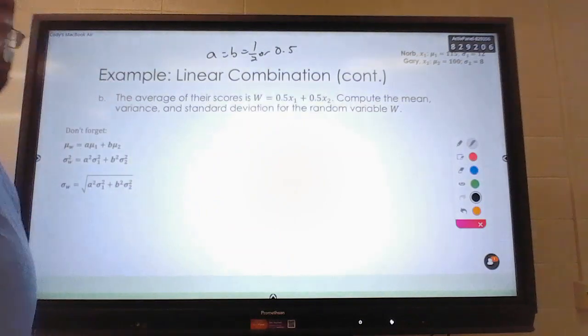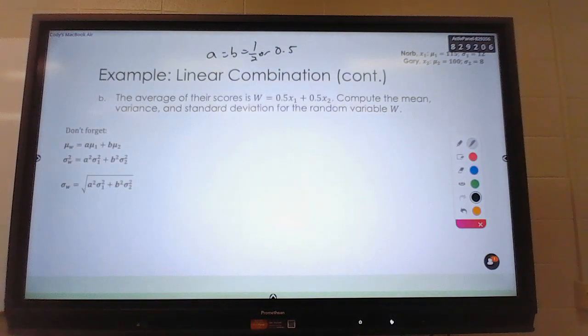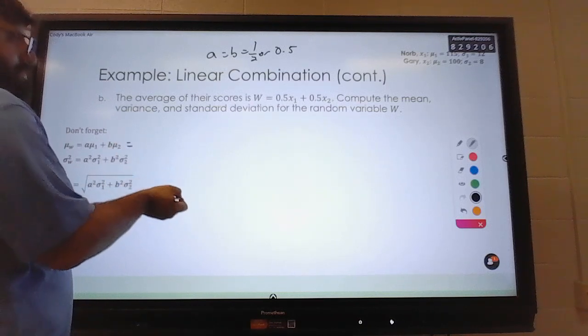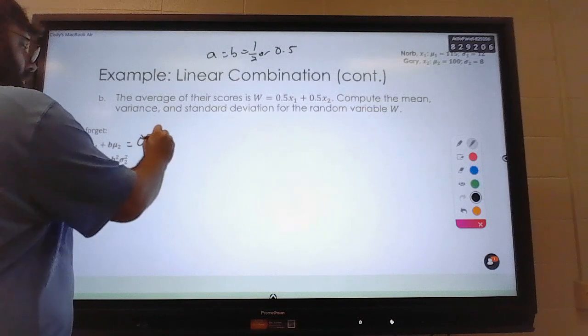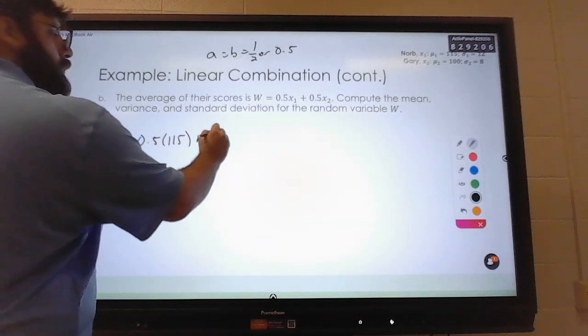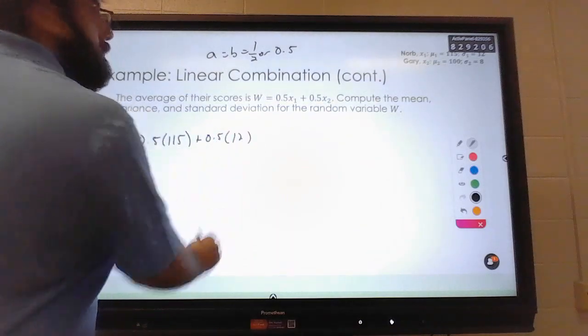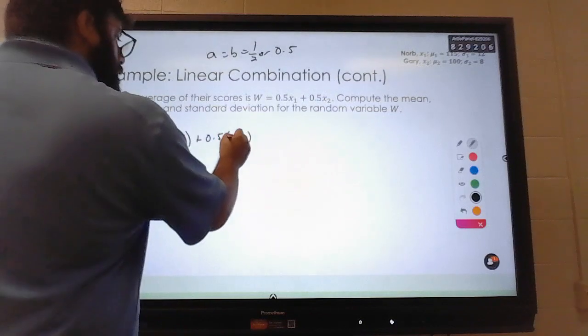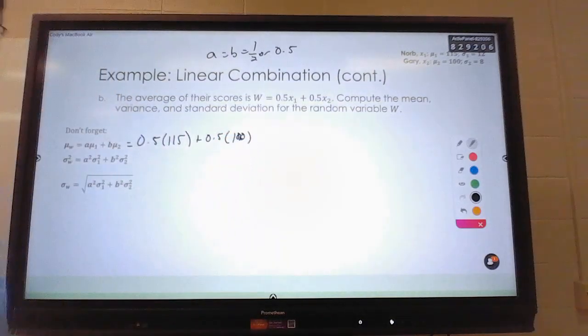We'll go ahead and use 0.5 just because, why not? Average, or expected value, I should say. 0.5 times 115 plus 0.5 times 12. No, I'm sorry, 100. I was looking in the wrong way.